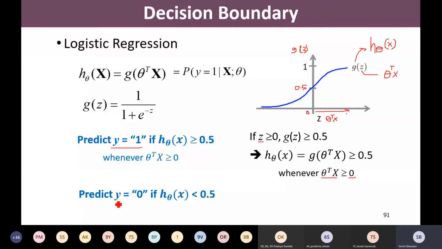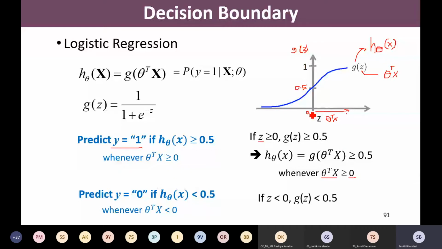Similarly, I'm going to predict y equal to 0 if h theta x is less than 0.5. And when h theta x is less than 0.5, obviously it is whenever my theta transpose x is less than 0, in this region.